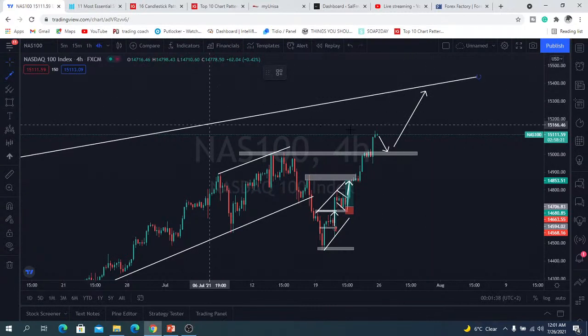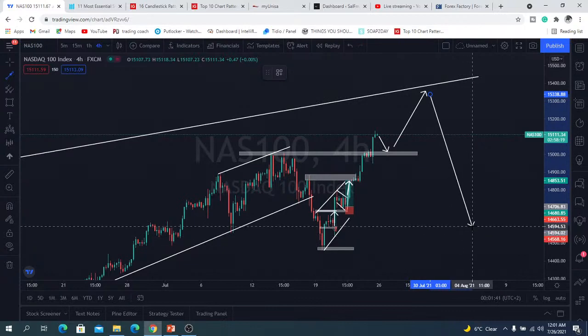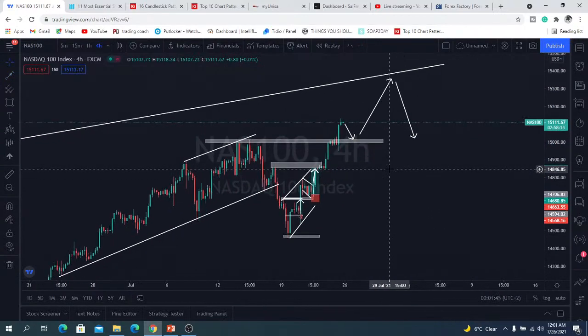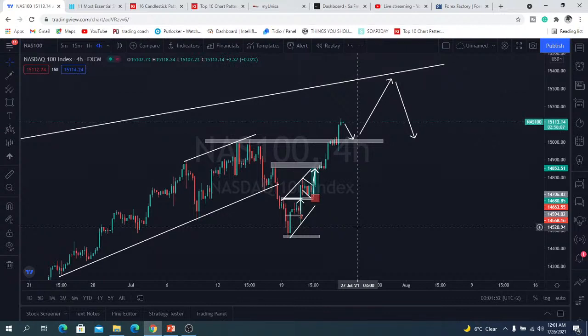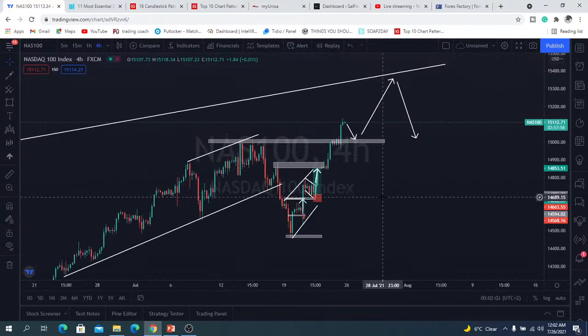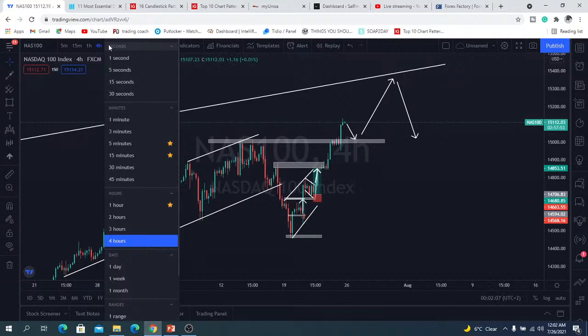Once we get that third touch, you know what time it is? Coming back to this level. Don't worry, I know now everything is not clear, but if you're in the Telegram group, you know I sent a clean setup. So this is my view on Nasdaq, guys: it might drop to give us a retest and then continue going up.